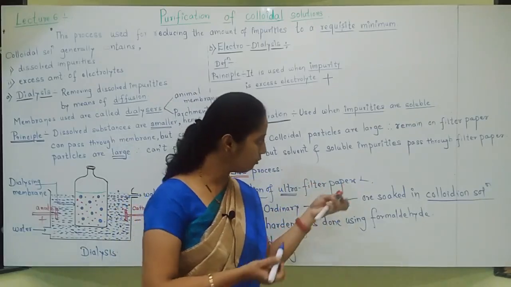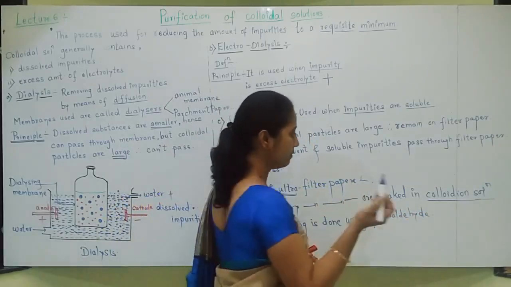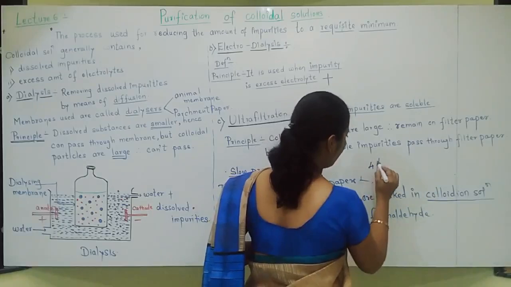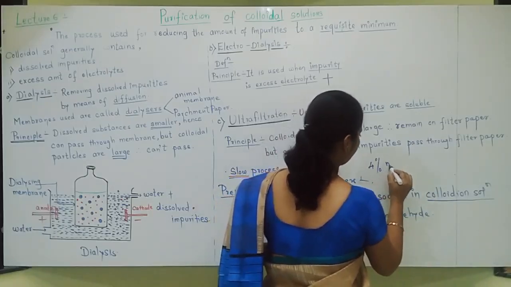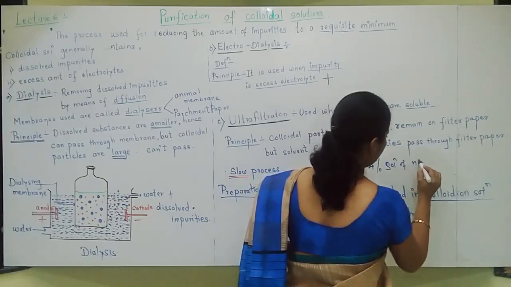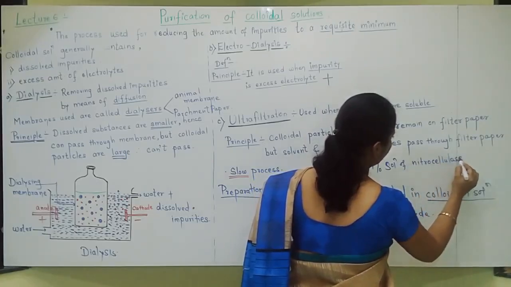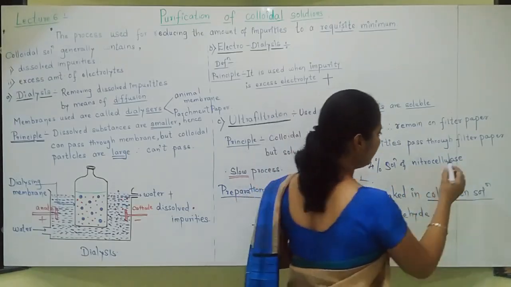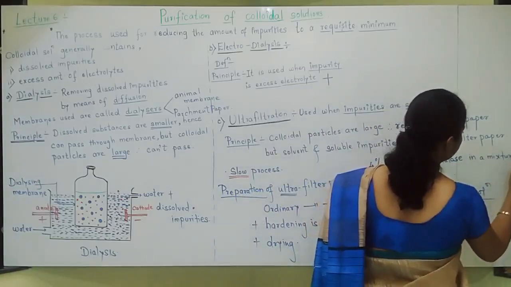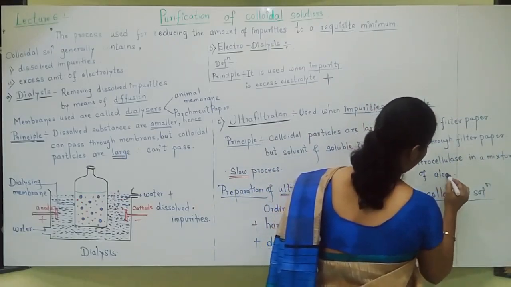Then what is collodion solution? Collodion solution is a special type of solution. I will write here, students: 4% solution of nitrocellulose in a mixture of alcohol and ether.